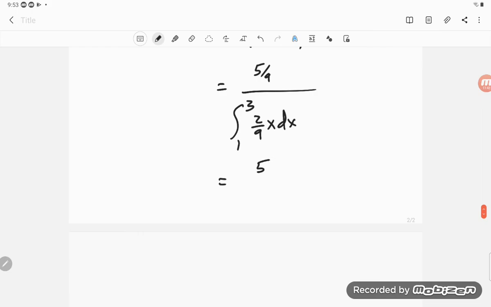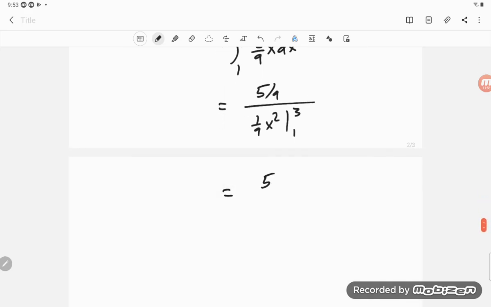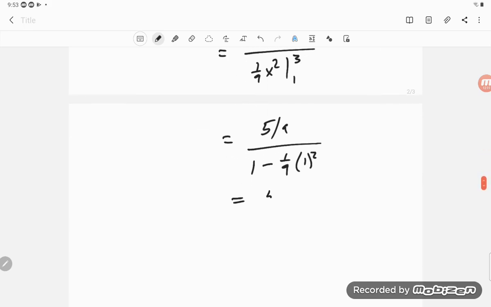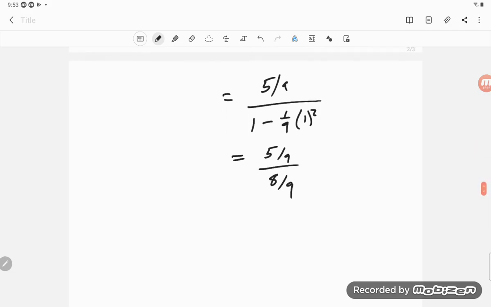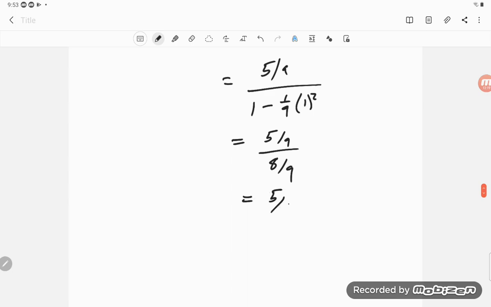And so that's 5/9 divided by my 1/9 x squared, evaluated from 1 to 3. And so that's 5/9 divided by, I'll get my 1 minus 1/9 times 1 squared. And so that's 8/9. So I'll get 5/9 divided by 8/9. And I'll get 5/8.